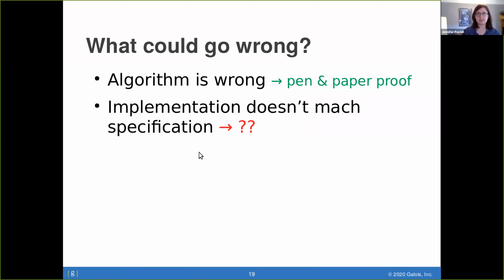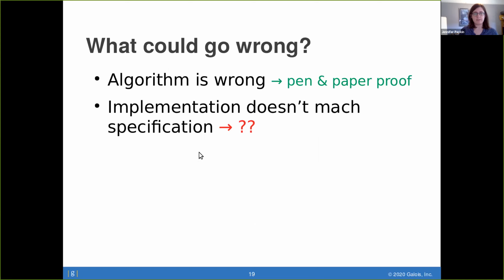But there's also a subtle gap there, which is the difference between the implementation and the algorithm. So an implementation and the specification. This is essentially the source of what we usually think of as software bugs. And in classical programs, we'll address this via a whole host of methods: unit testing, debugging tools like breakpoints and things like that.